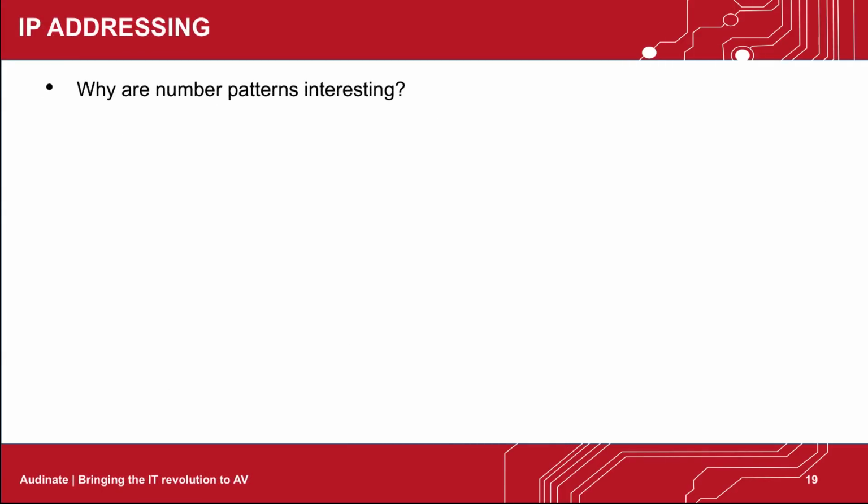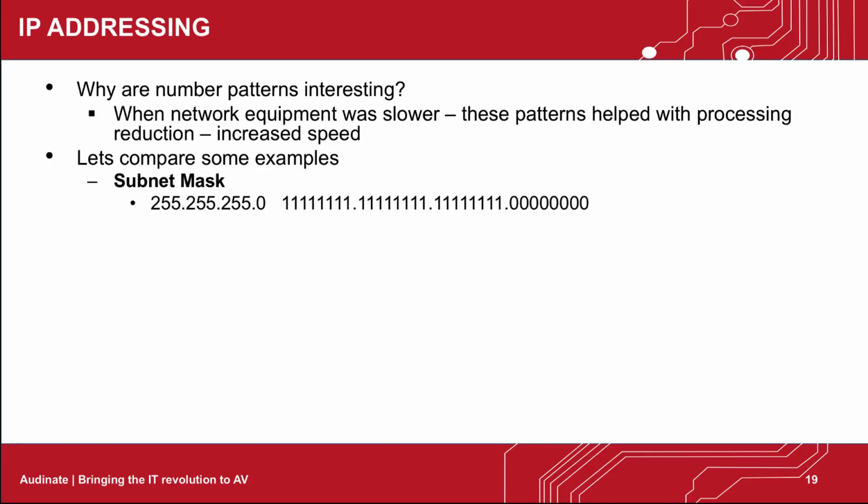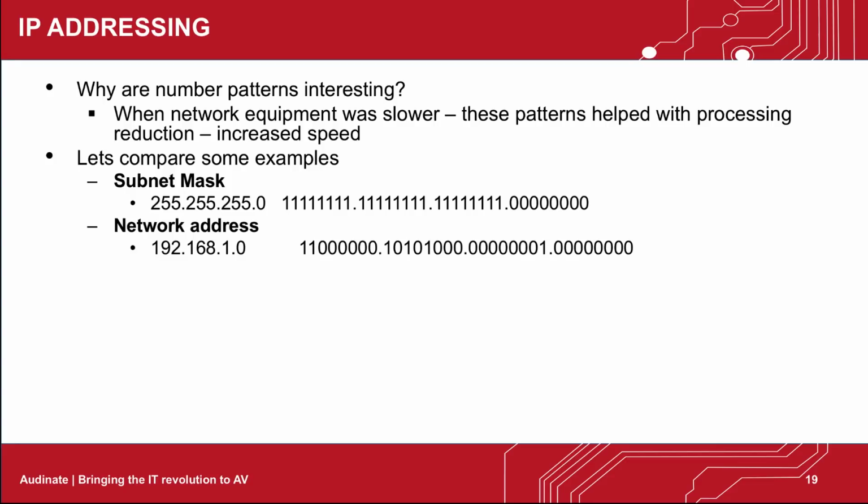So why are number patterns interesting? When network equipment was slower, these patterns helped with processing reduction. By doing so, they helped increase speed. Let's compare some examples. If we have a subnet mask of 255.255.255.0 and a network address of 192.168.1.0, we can actually see that all of our host bits are set to 0.